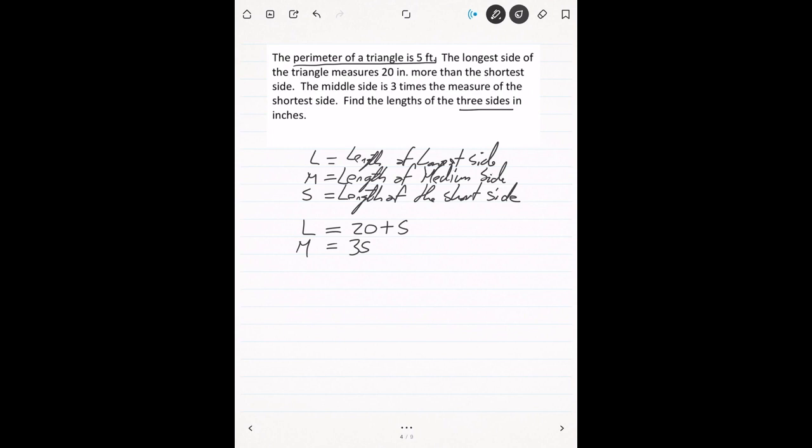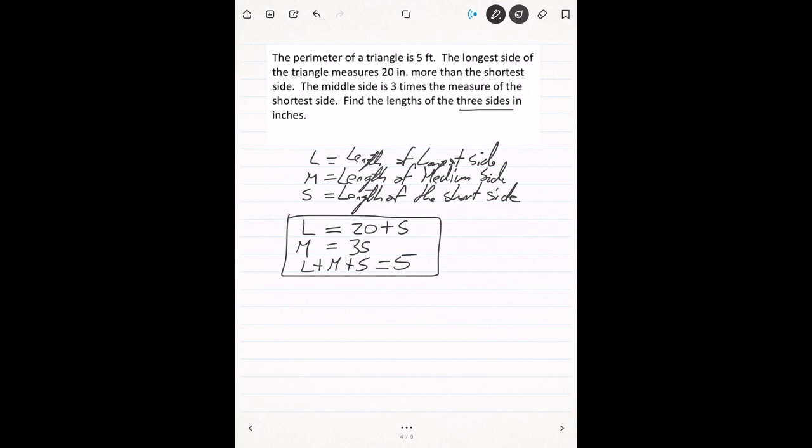Keep in mind, perimeter means the sum distance around the shape. So you find the perimeter by adding up all the side lengths of the triangle. So we can say that the longest side plus the medium side plus the short side is equal to 5 feet.